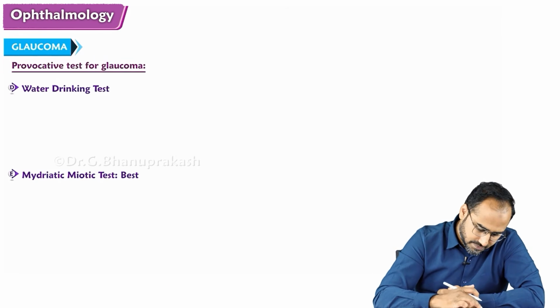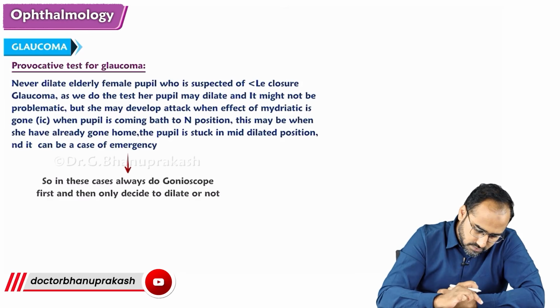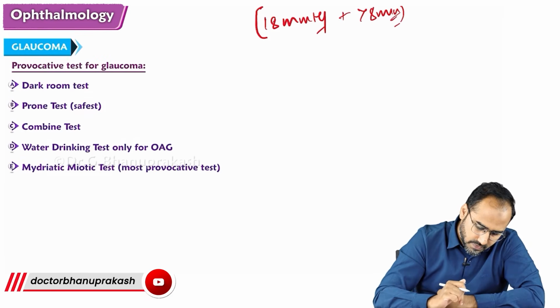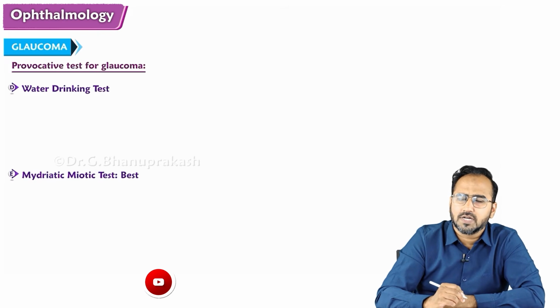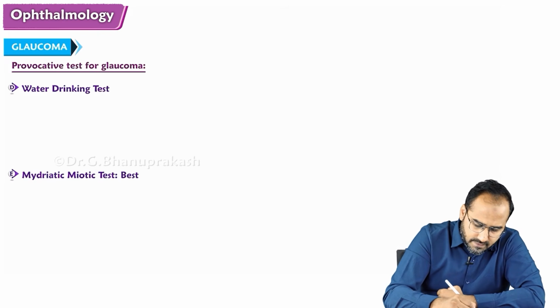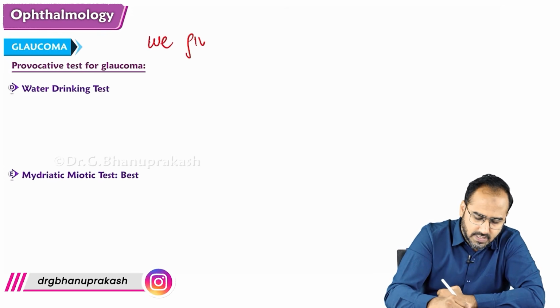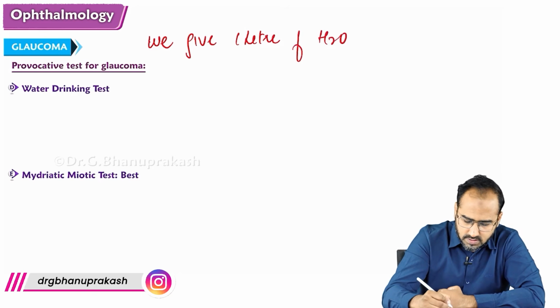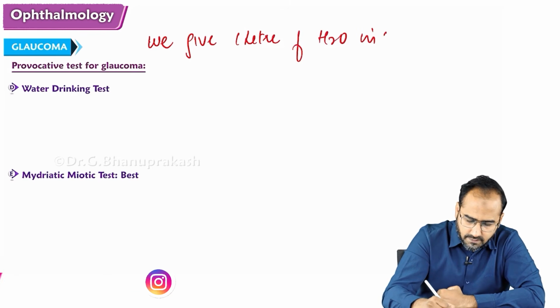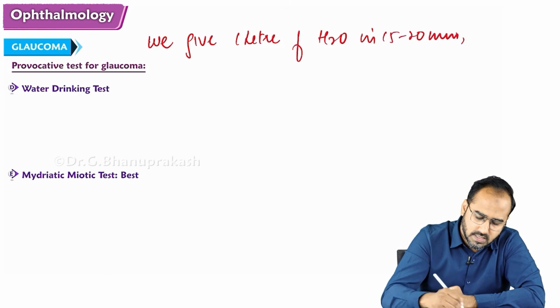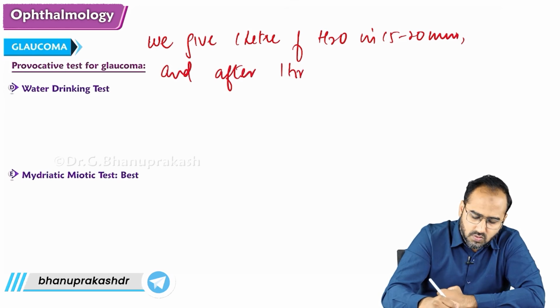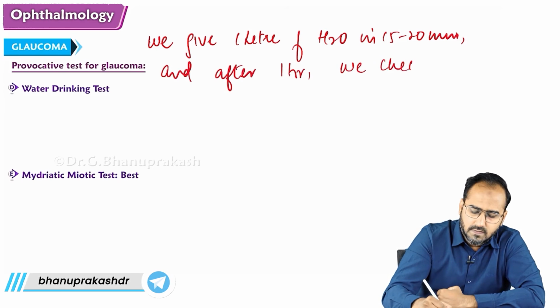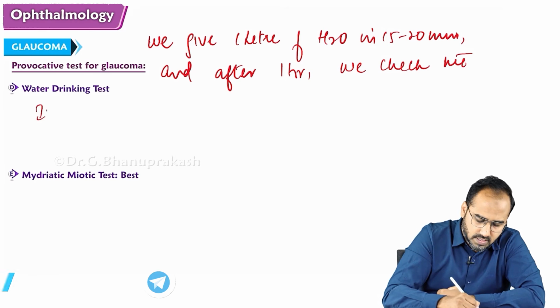In the water drinking test, we give 1 liter of water in 15 to 20 minutes, and after 1 hour we check the intraocular pressure.